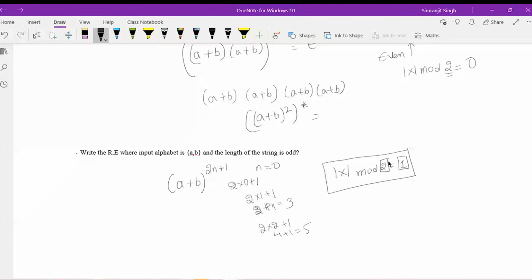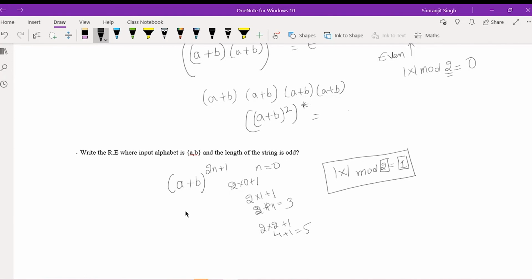This plays a very important role if you write it like this: x mod 2 equal to 1. It is just saying that if you divide the length of x by 2, you get a remainder of 1, so you get a string that is odd in nature.